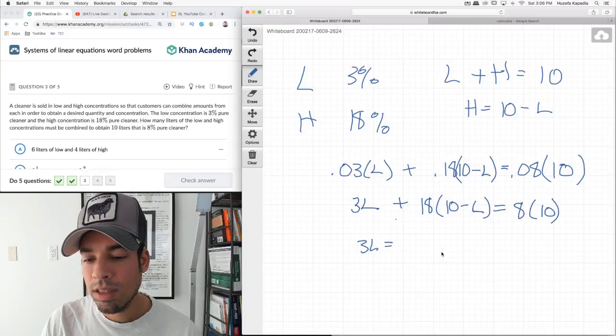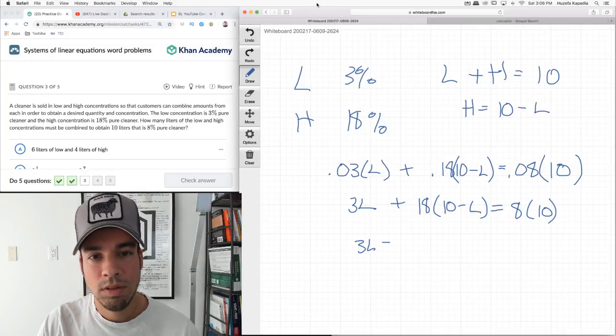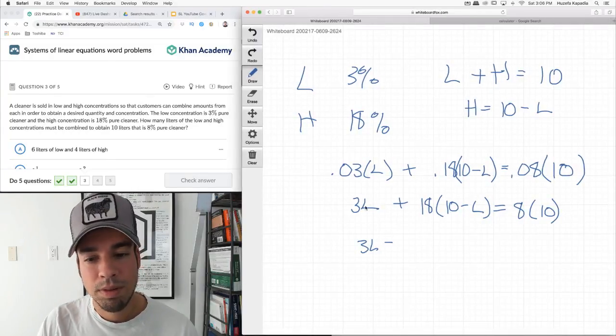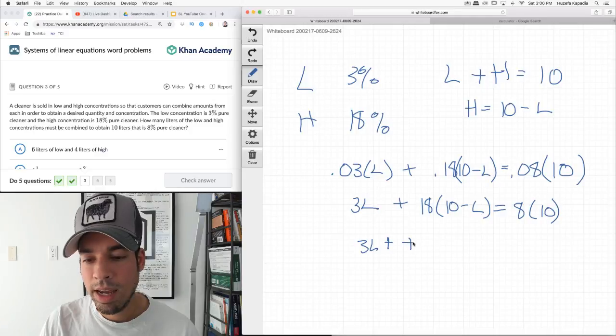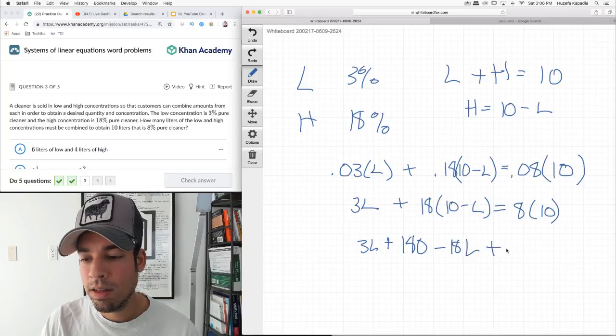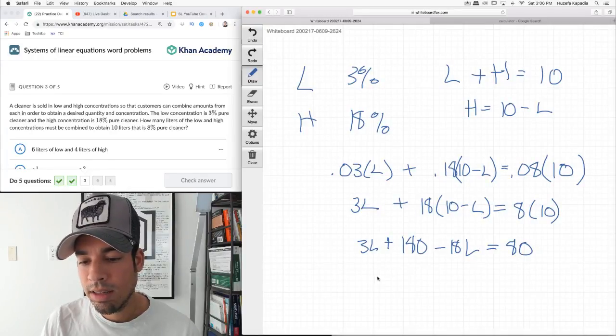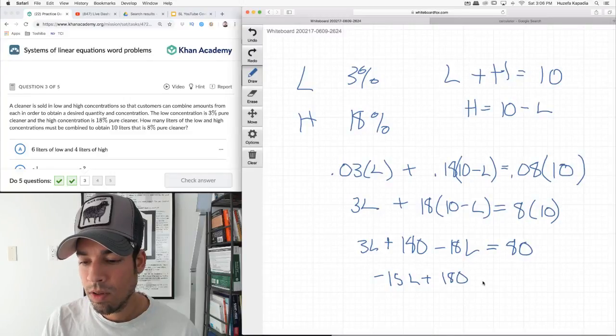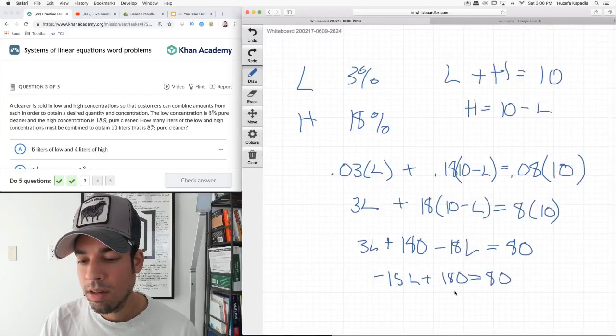Now look how nice and easy this is. This becomes 3L plus, distributing that 18, 180 minus 18L equals 80. I'll add these together: negative 15L plus 180 equals 80.